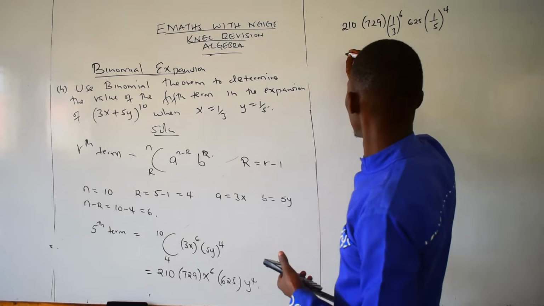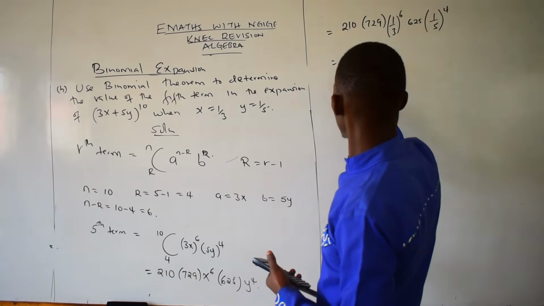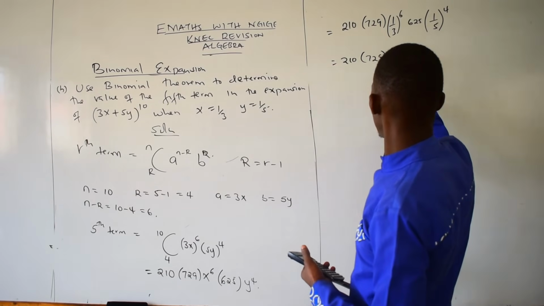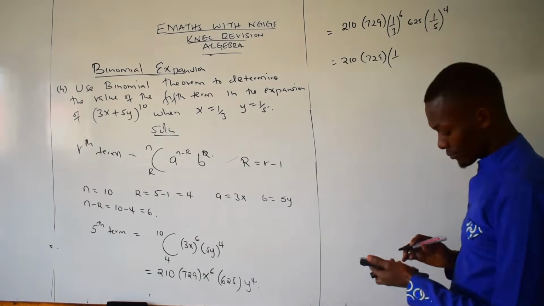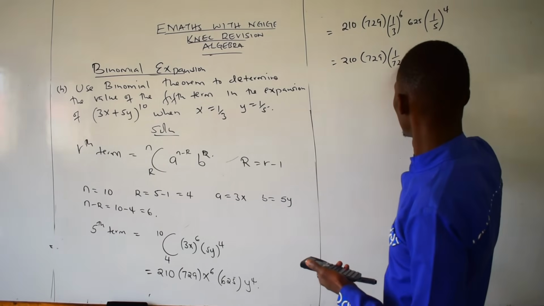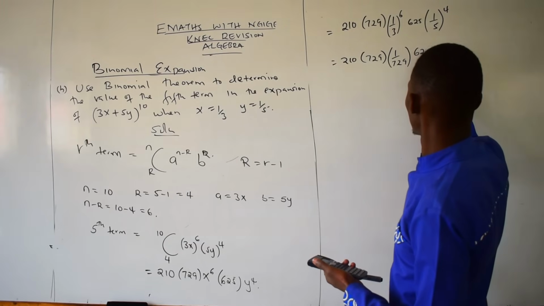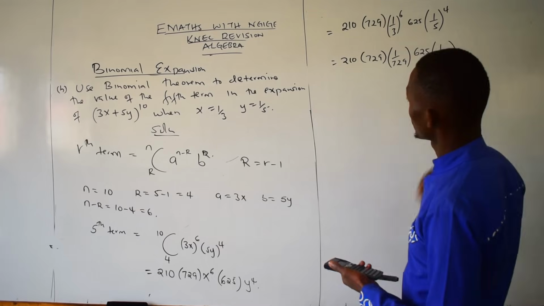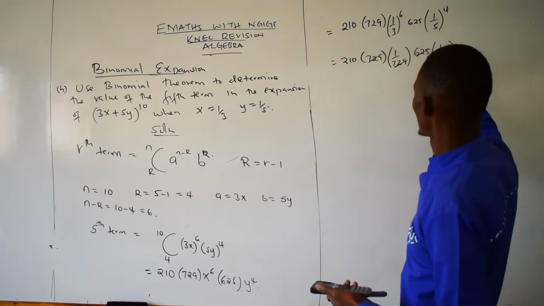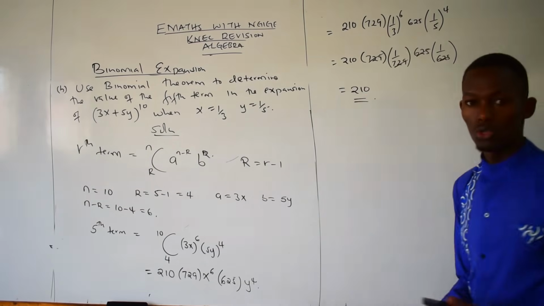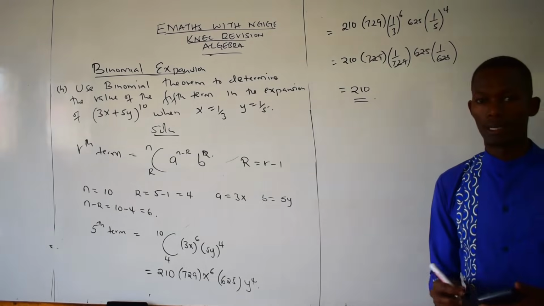So this one is just the same as saying 210, 729, then over 3 to power 6. 3 to power 6 again is 729, and you have 625 over 625. So I believe this one can cancel with that, this one can cancel with that, and you have your value as 210.